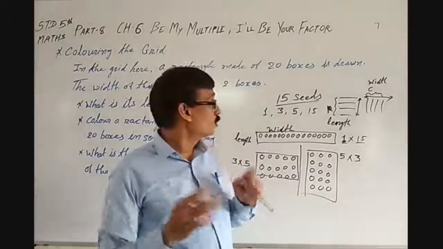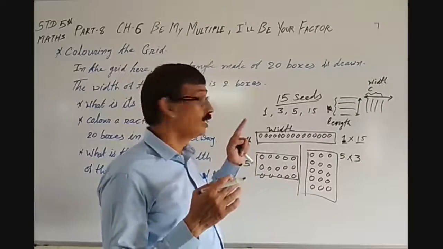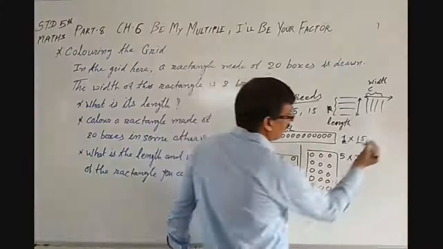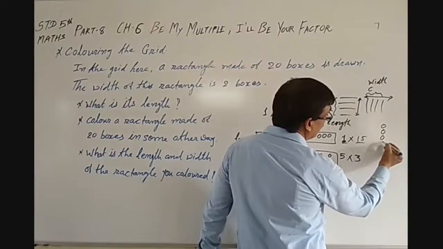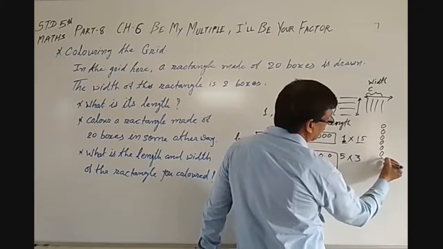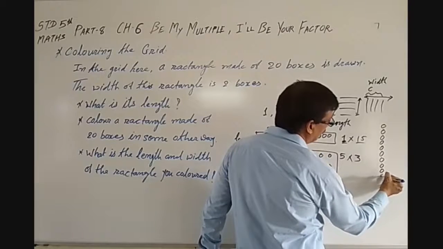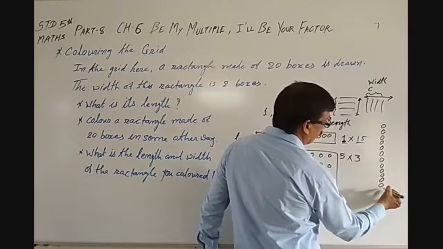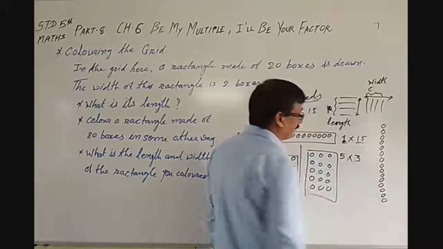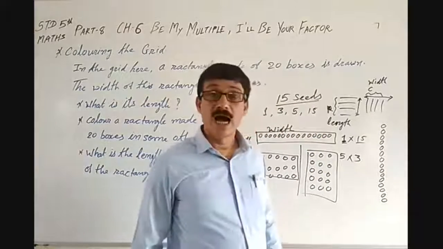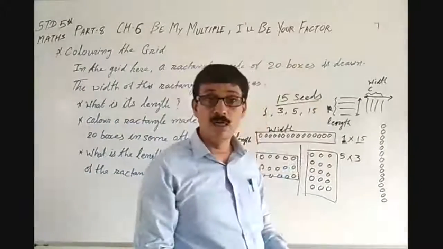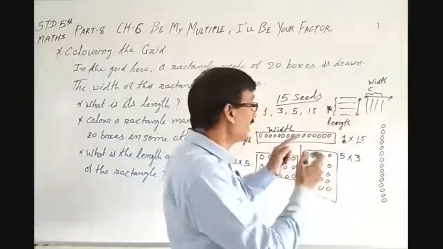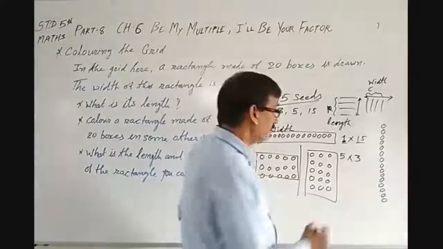Now 15. So let's go for 15 rows. Here, let me arrange over here. So 1, 2, 3, 4, 5, 6, 7, 8, 9, 10, 11, 12, 13, 14, 15. I arranged all the 15 seeds into 15 rows, or else we can say one column, isn't it?